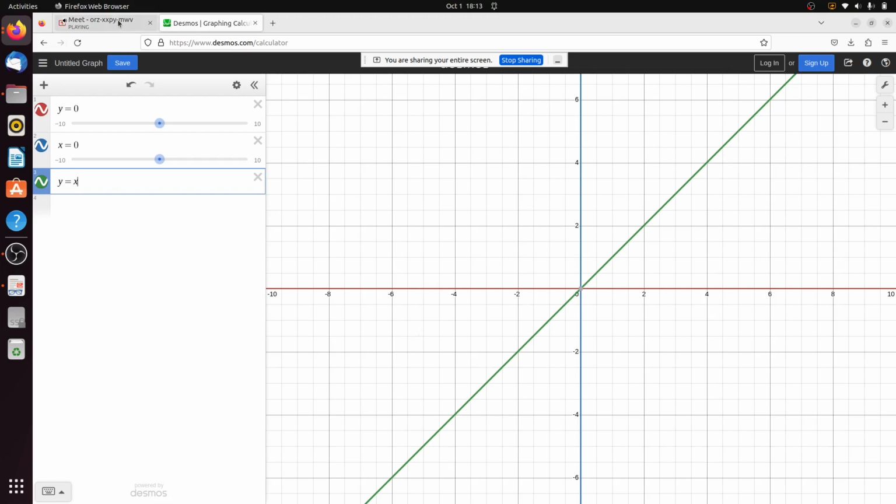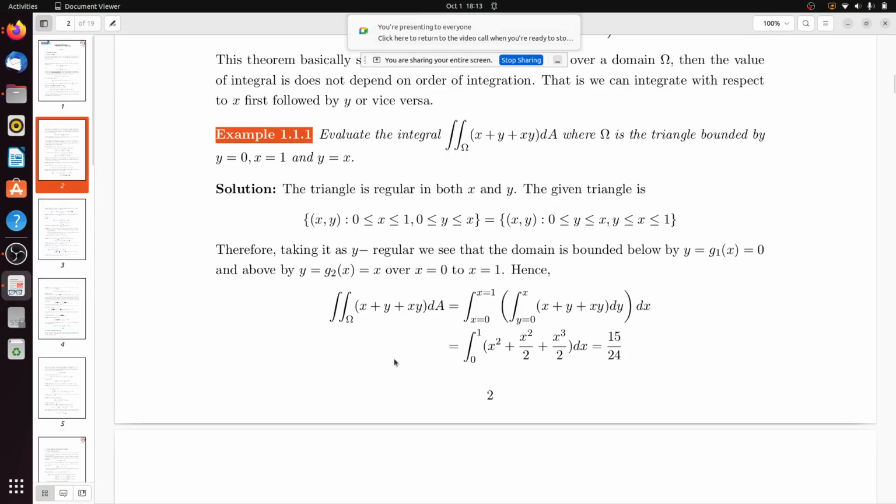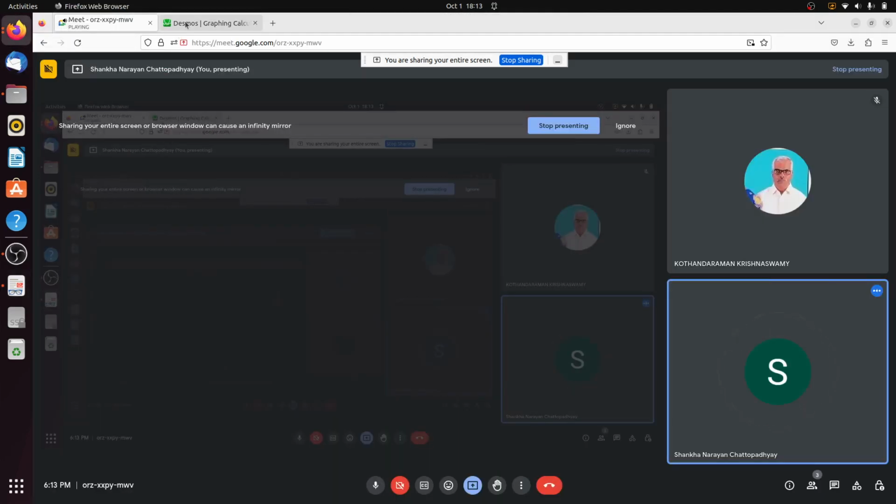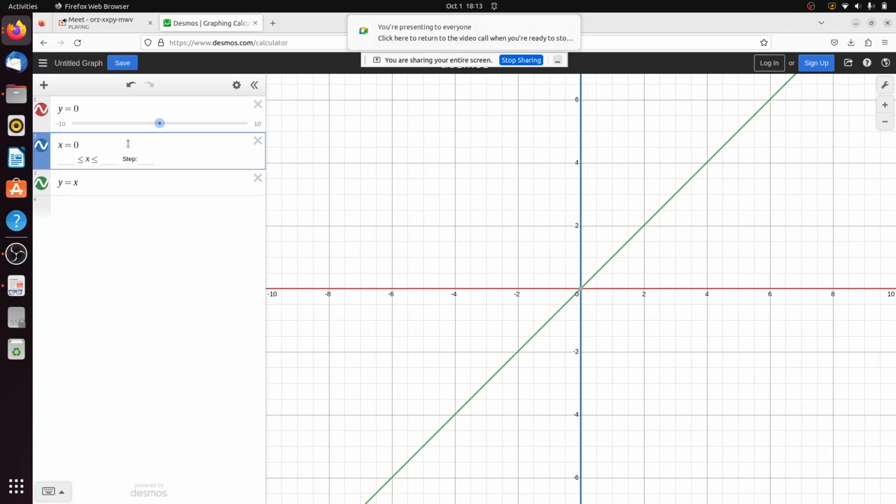I think I made some mistake. The domain of integration is x equals 1, sorry, x equals 1. So see, x equals 1.